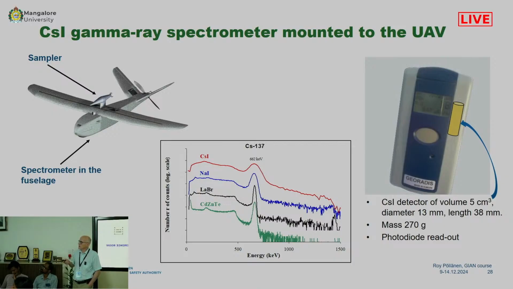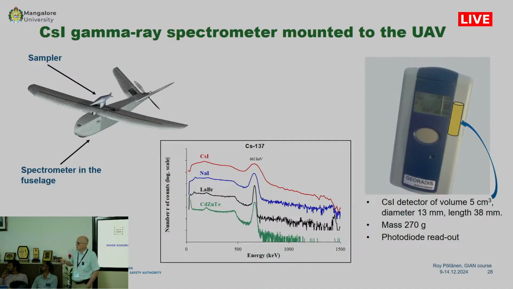Some years ago we tested how to use unmanned aerial vehicles like this one in environmental monitoring. We put a sampler here. We put a small spectrometer, this one, on the fuselage of the UAV. Before doing that, we compared the resolution of different types of detectors.